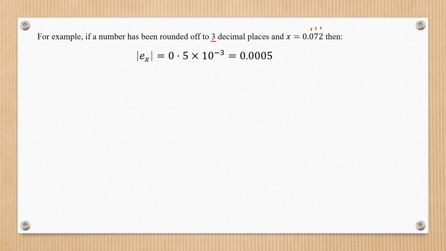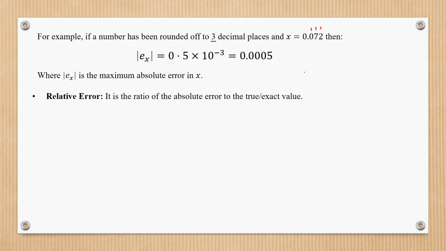There are 3 decimal places, so we'll have 0.5 times 10 to the power negative 3, of which the answer shall be 0.0005. That's how we find the maximum absolute error in this case. That's the maximum absolute error in x.